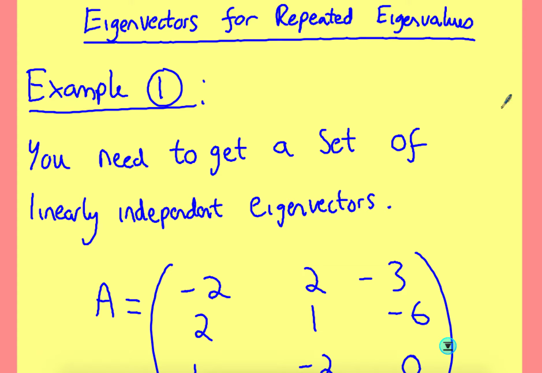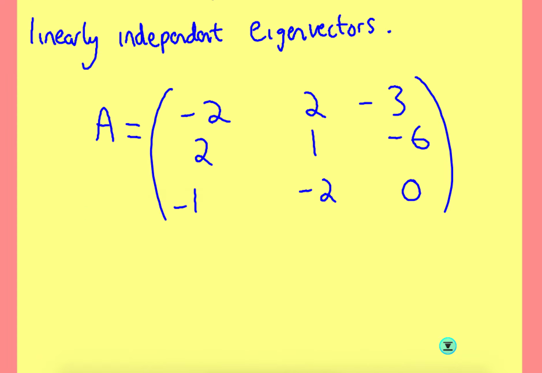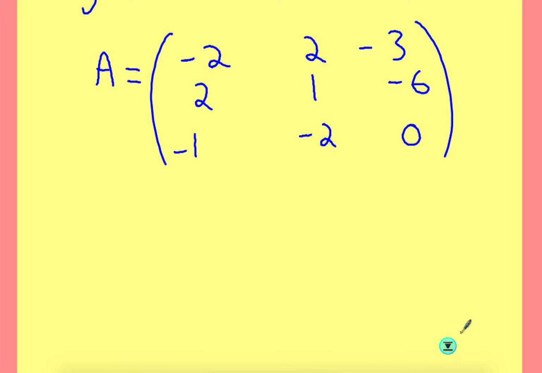Right, so this is the example I'm going to use here. So I've got this matrix A, which is -2, 2, -3, 2, 1, -6, -1, -2, 0. So I'm going to find all the eigenvalues first, then try and find all the eigenvectors. So you can imagine this will take a little bit of time. Right, so eigenvalues.